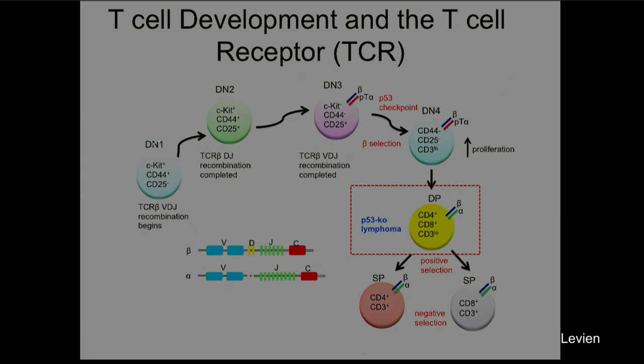The first cell to show up in the thymus has these kinds of markers on it, and VDJ joining and recombination begins in what's called a double negative 1 cell. Then some of the markers change, and you continue recombination of the DJ region, for example, in double negative 2 cells. You continue VDJ joining here in a triple negative.